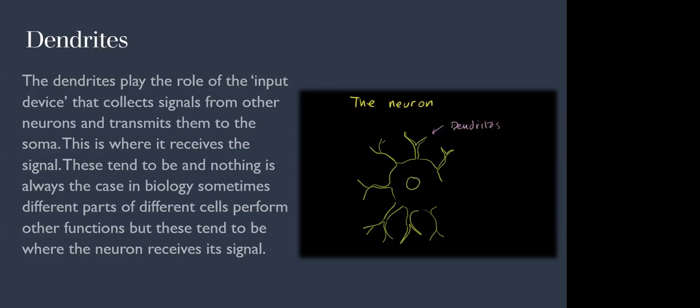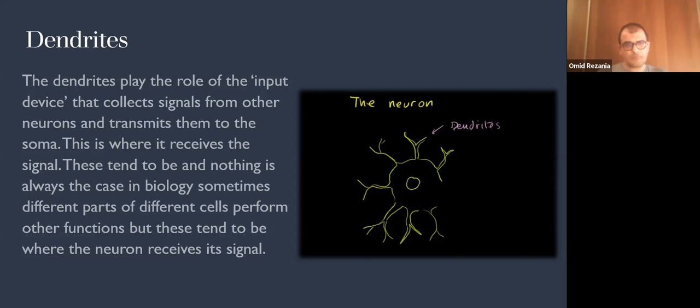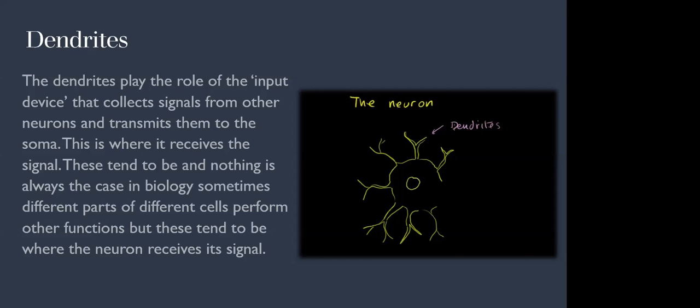This is where the neuron receives the signal. Nothing is always the case in biology. Sometimes different parts of different cells perform other functions, but there tend to be where the neurons receive a signal.